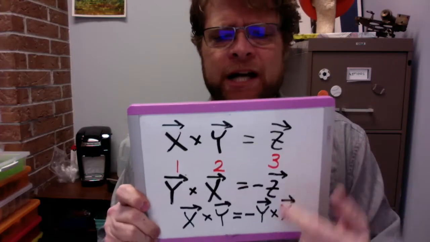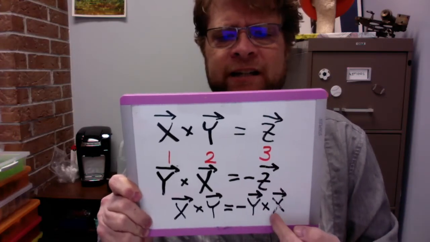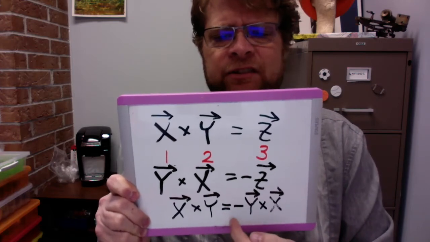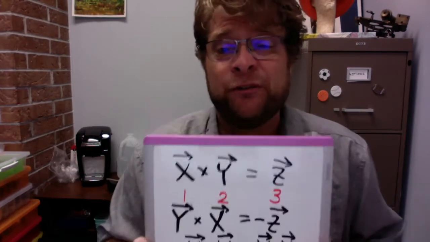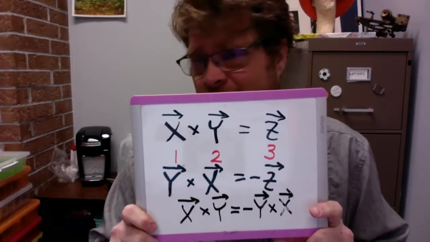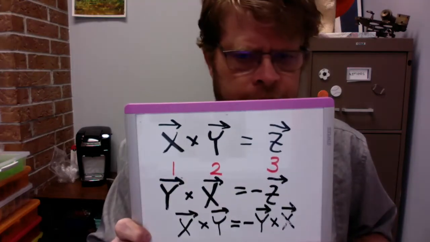X times Y is positive Z. Y times X is negative Z. They're opposite from each other. And that makes perfectly good sense to mathematicians, which says something about mathematicians, I suppose.